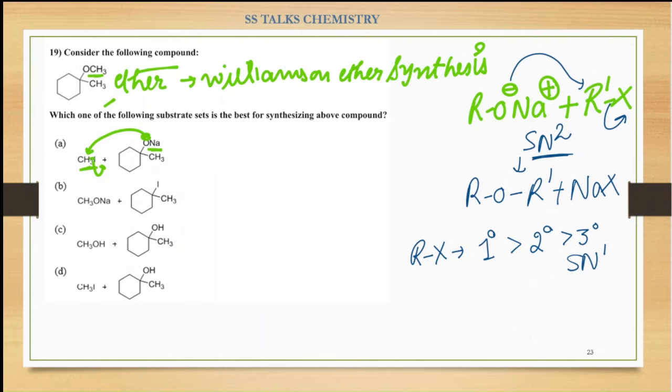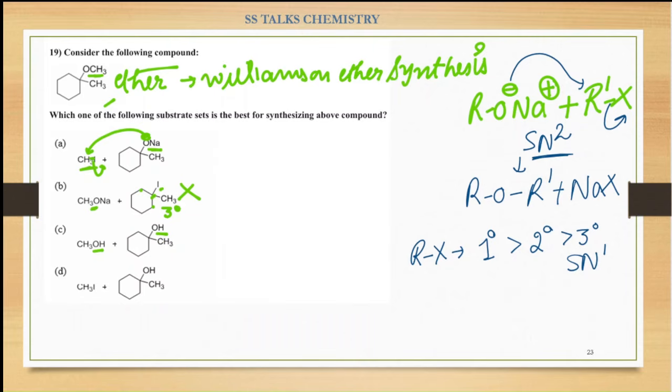Let us compare the other ones also. In molecule B, this is the alkoxide, and in the alkyl halide, the carbon on which the leaving group is attached is further attached to three carbon centers. So this alkyl halide is a tertiary center, and the possibility of SN2 attack here is not there. Now in the next case, the species given are both alcohols only.